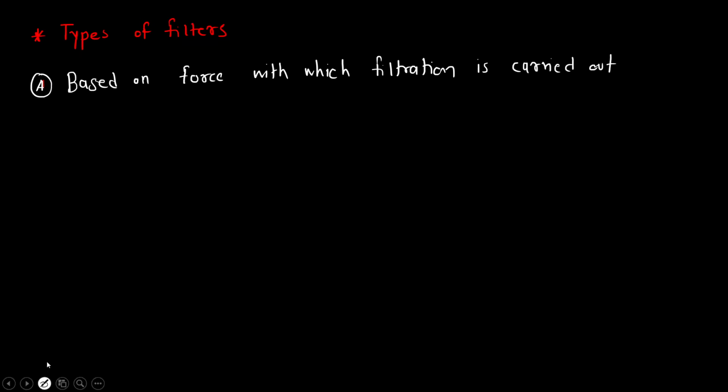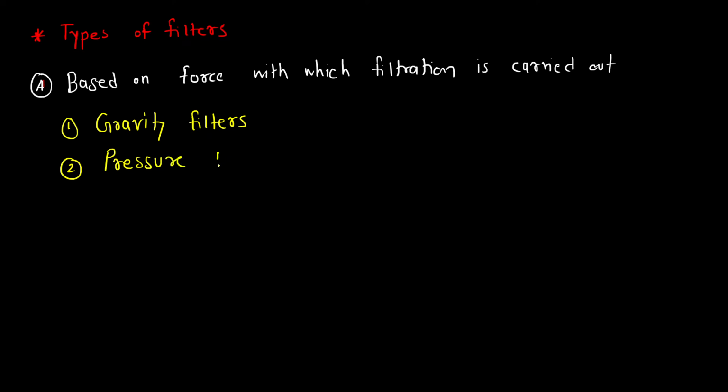Whether the force is a natural force, that is force due to gravity, or an applied force. If there is a natural force, that is gravitational force, then we call it a gravity filter. And if the force is artificially applied, we call it a pressure filter. So pressure is applied in such filters for the filtration process.